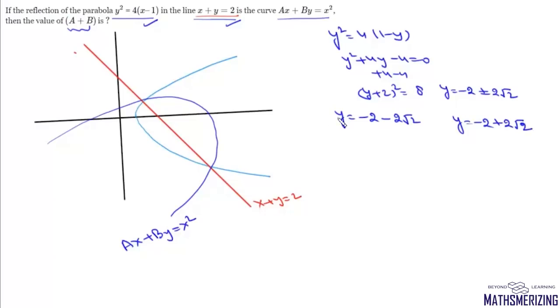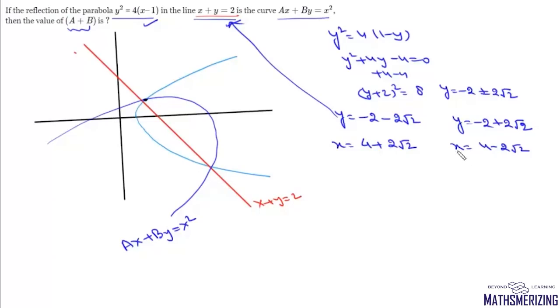Now we'll put the value of y in this equation and then we'll write the value of x. So here the value of x will be 2 minus y. So it will be 2 plus 2, 4 plus 2 root 2, and here it will be 4 minus 2 root 2. So we have these 2 points of intersection.